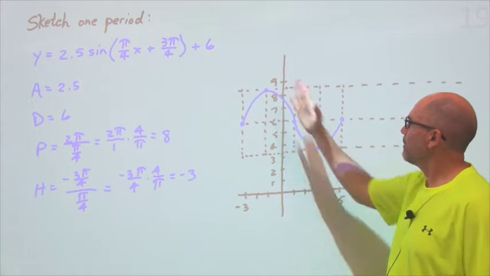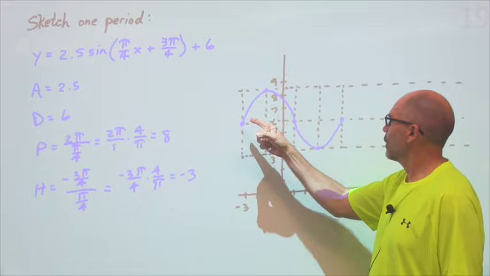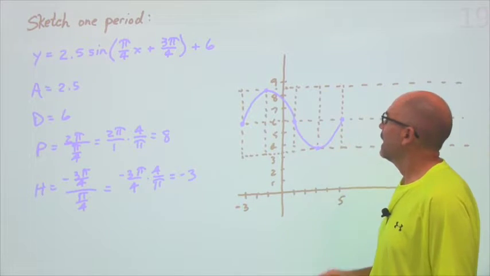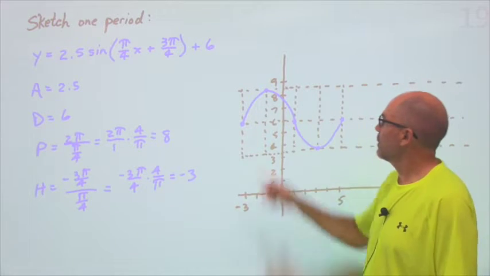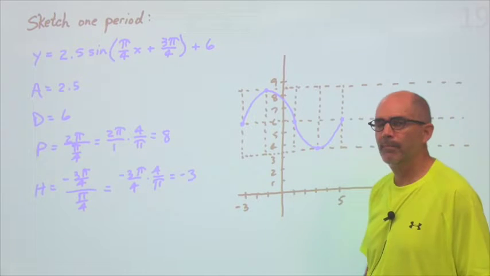I cut my box in quarters, and then I'm ready for the sine curve: middle, top, middle, bottom, middle. If this had been everything the same except for cosine, then we just start at the top, middle, bottom, middle, top.